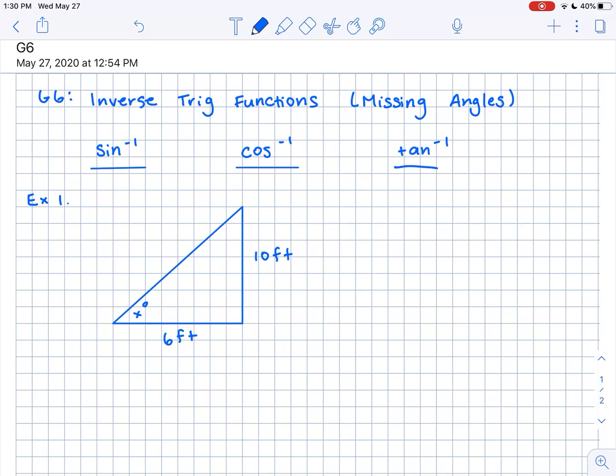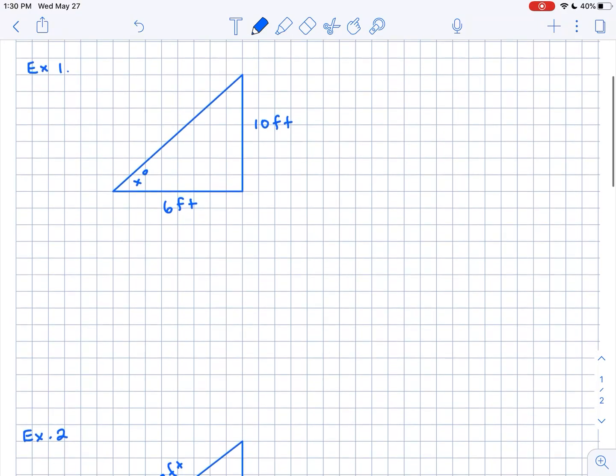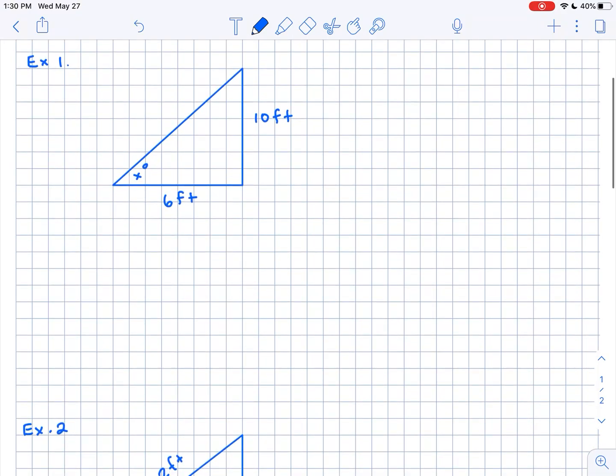Okay, so today let's just jump into some examples and see how we apply these rules. Okay, so example 1. Now the example I'm going to show us isn't very accurate in regards to what we're doing, but it's just an example. So let's say we're playing basketball.